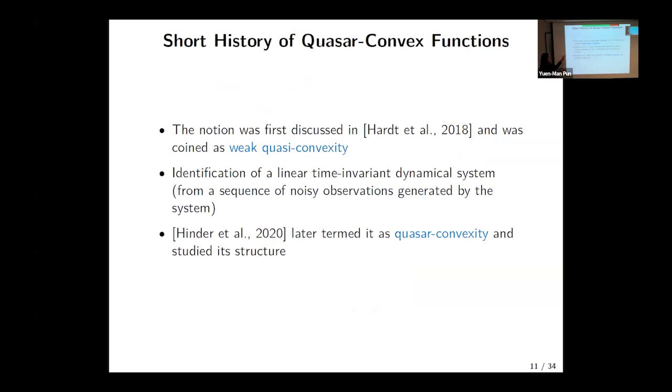This notion was first discussed in Hardt's paper, and they called it weak quasi-convexity. They discussed it because they found it in the identification of a linear time invariant dynamical system. And later, in the study of the structure of quasar convexity, they call it quasar convexity because it's a natural relaxation of star convexity.